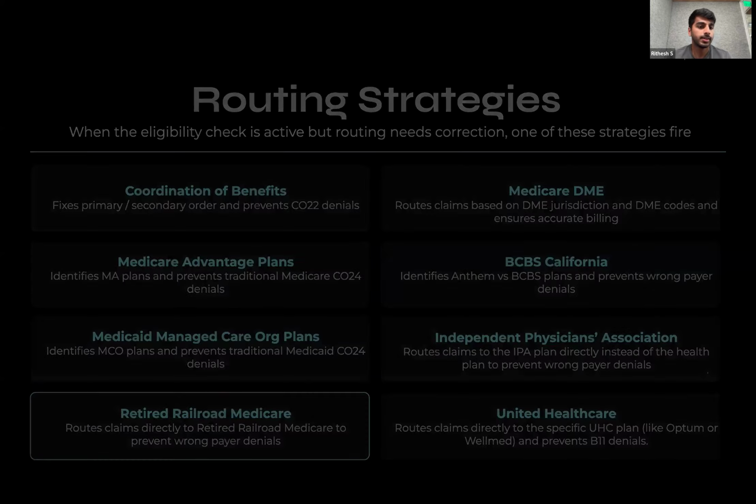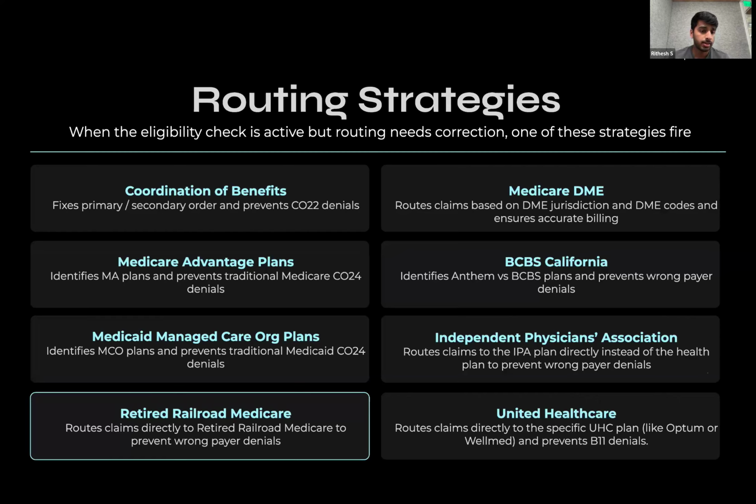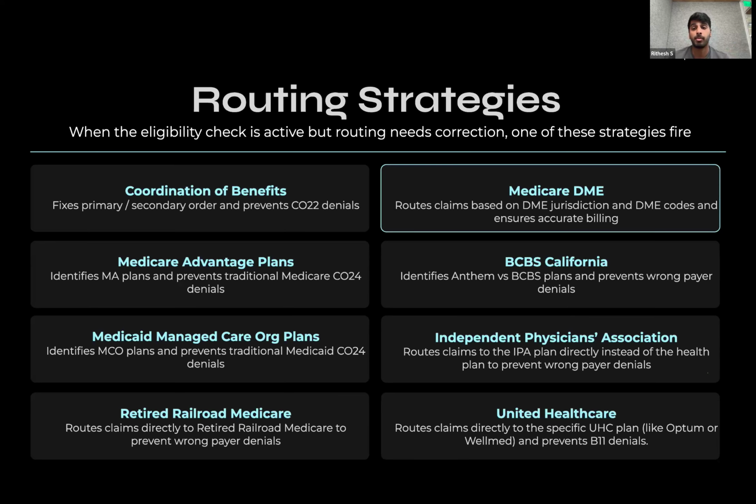The next strategy that we have is for retired railroad. In some cases, you need to route the claims there directly, so we look for signals there. We also have a strategy for Medicare DME. The DME jurisdiction for Medicare changes or gets updated quite often, and the DME codes get updated quite often.